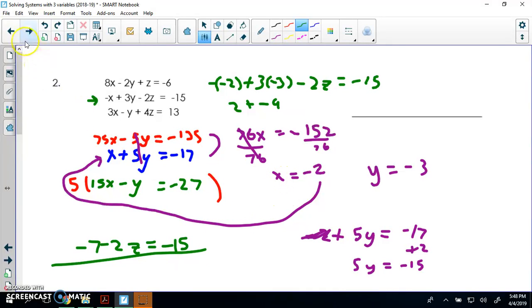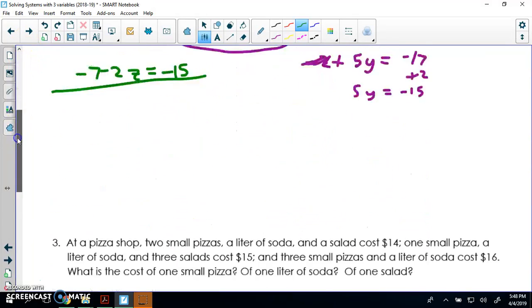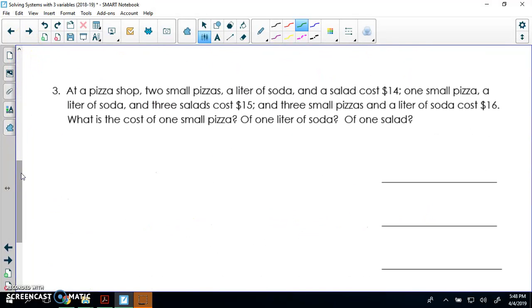All right, let's go to the last problem. The pizza shop. 2 small pizzas, a 2-liter soda, and a salad cost $14. That's a total right there, ladies and gentlemen.